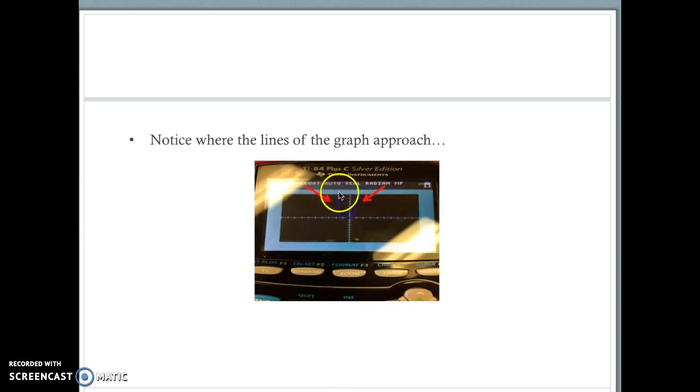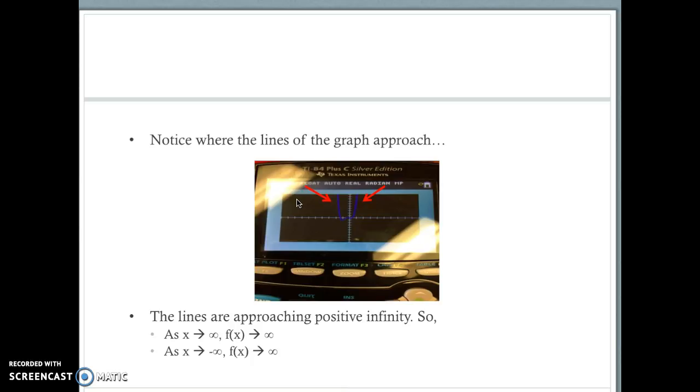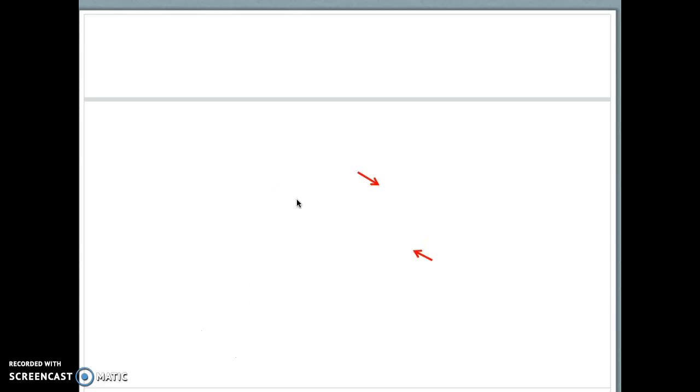So you're looking for where the lines of your function go. The lines are approaching positive infinity. So on your chart, it's going to look like this. As x approaches infinity, the function of x approaches infinity as well. As x approaches negative infinity, function of x approaches infinity still.